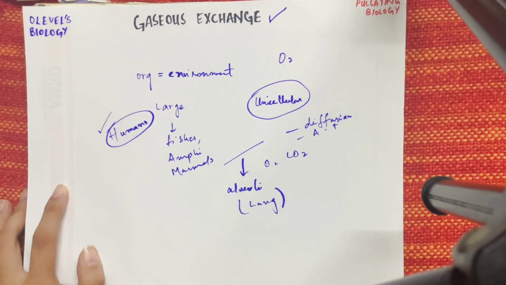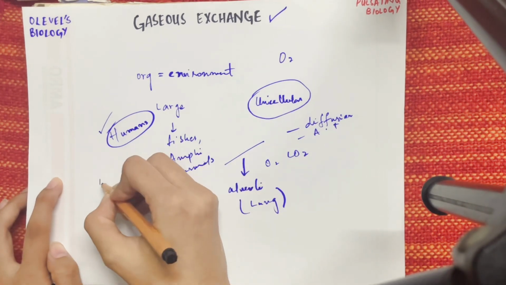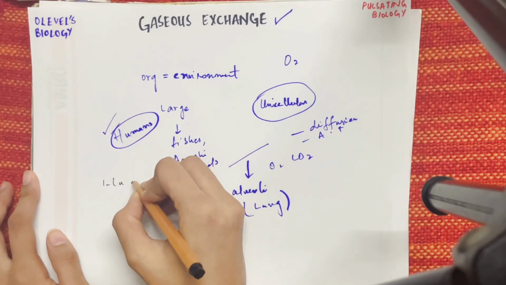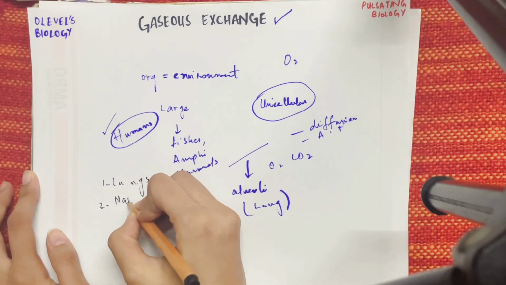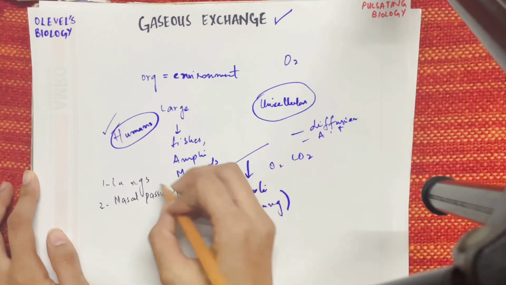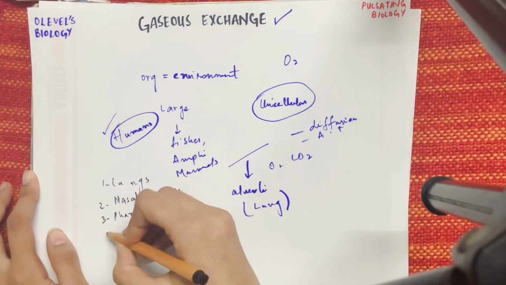So when you talk about human gas exchange, what are the organs involved? At number one, we have the lungs. Then the nasal passage. Then we have the pharynx, through which air passes on to the lungs.